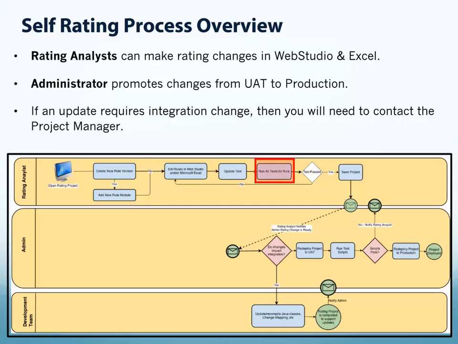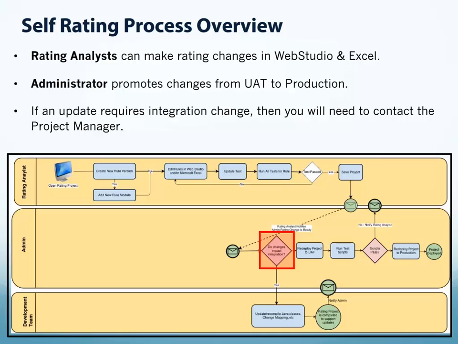They'll run those tests for the rule, and once the tests have passed, they can save the project. Then they're going to notify their administrator. They would know who their administrator is by working on the project team.